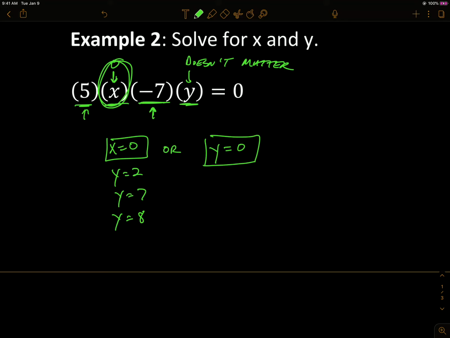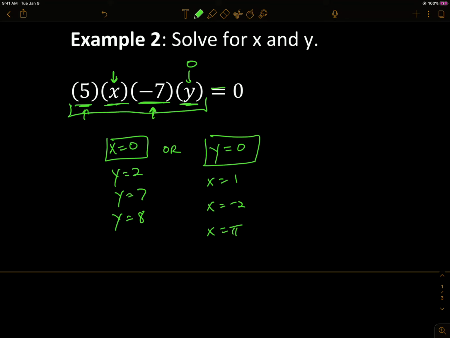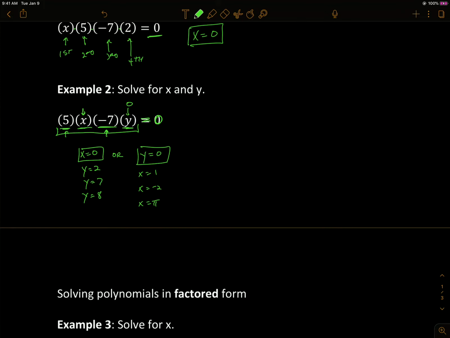And the same thing is true of y. If I make the y 0, then x could be anything. x could be 1, x could be -2, x could be pi. It doesn't matter what x is. If y is 0, the whole product is 0, so that's a solution because we want to find the x and the y that make this entire product equal to 0.